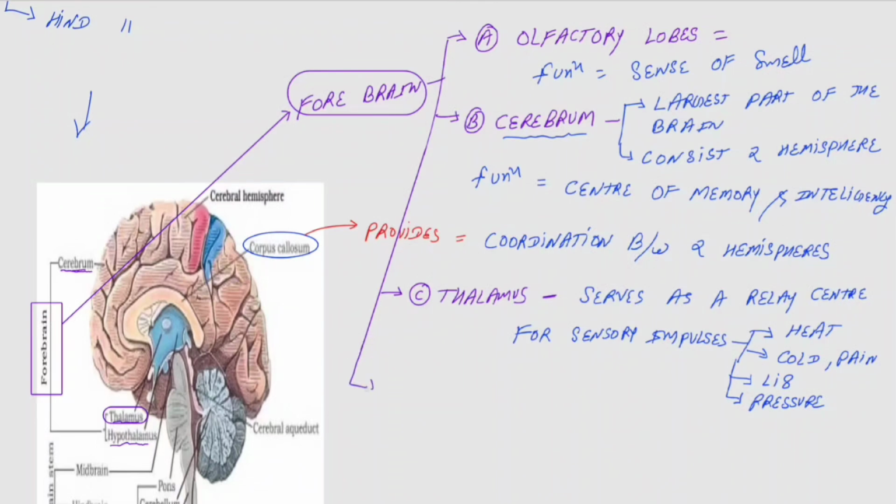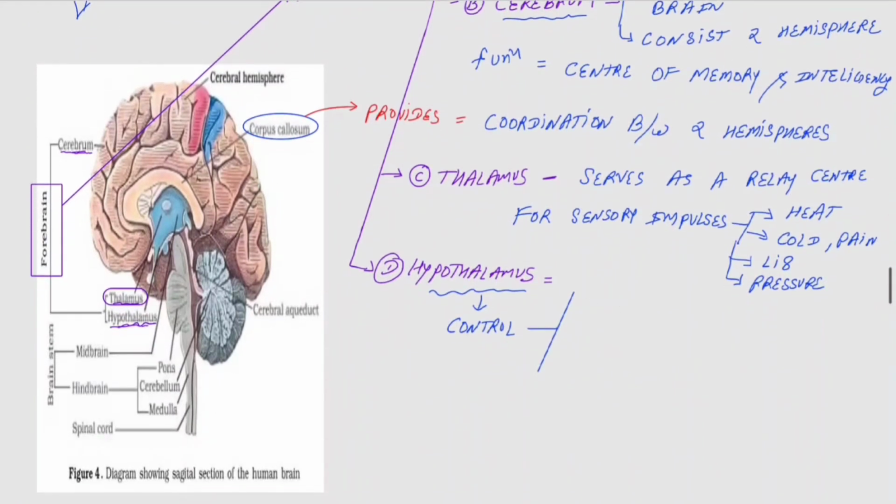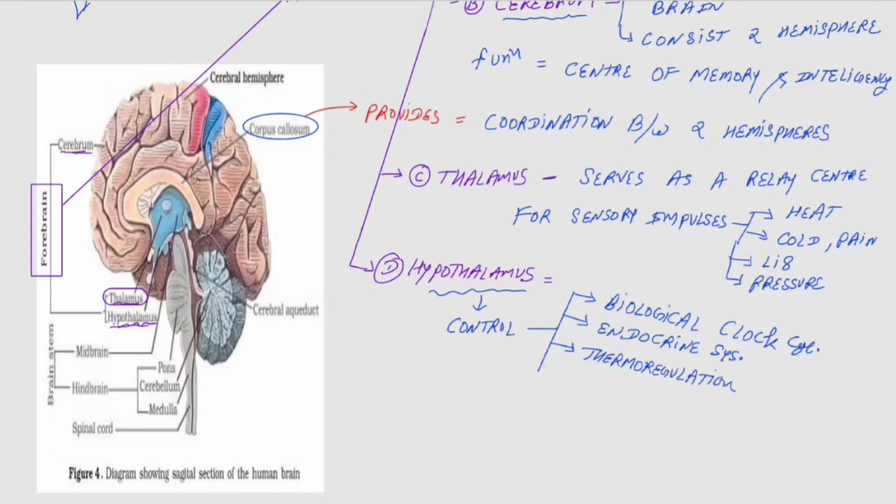Now let's talk about another part of the forebrain, that is hypothalamus. The hypothalamus controls the biological clock cycle, as well as the endocrine system, thermoregulation, like temperature.